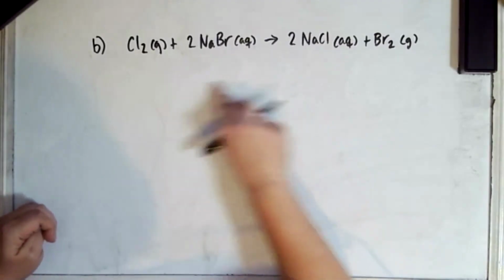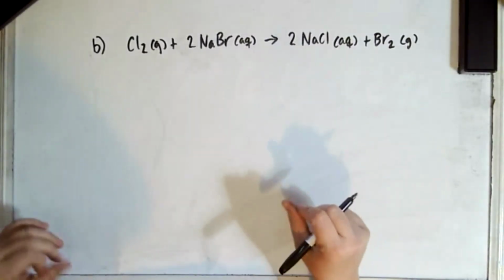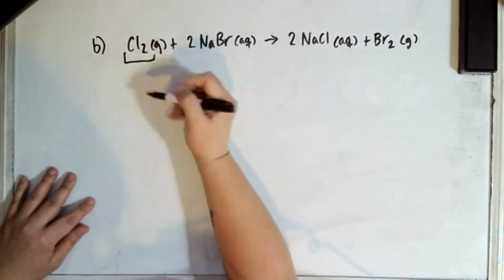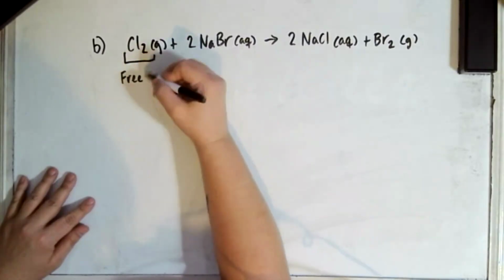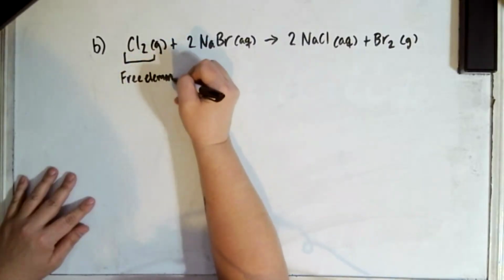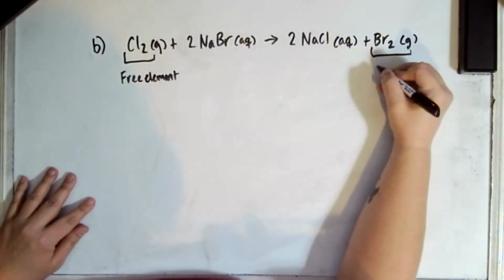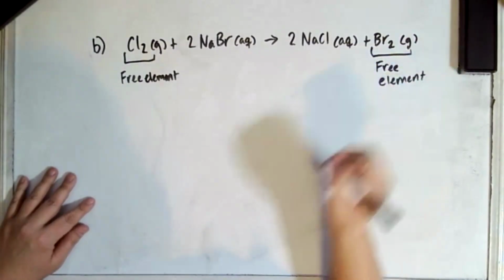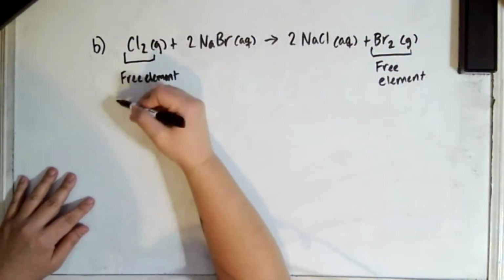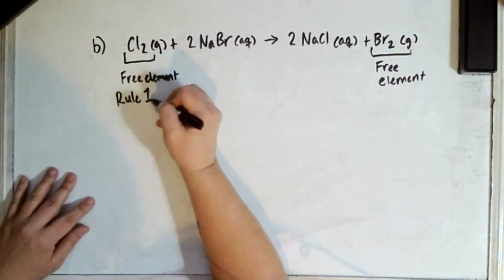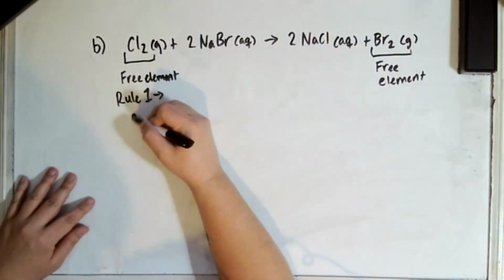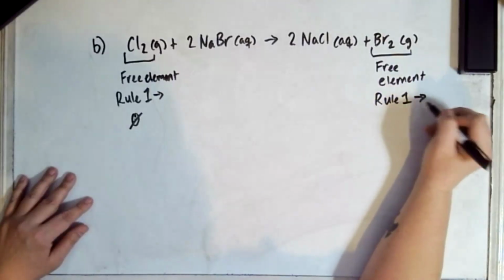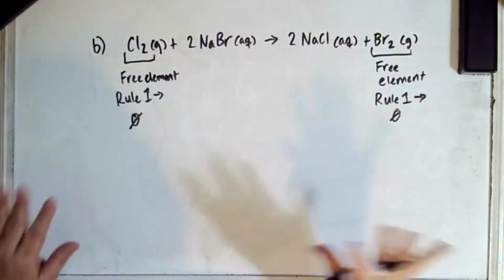So the first thing we're going to do is look at this reaction and identify our free elements. Our chlorine here is a free element, meaning it's not part of a compound. And our bromine is a free element, meaning it's not part of a compound. Whenever we have a free element, rule number 1 says that our oxidation number for these is going to be 0. So we figured those out.